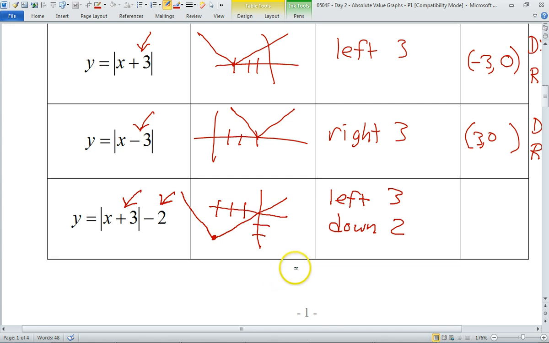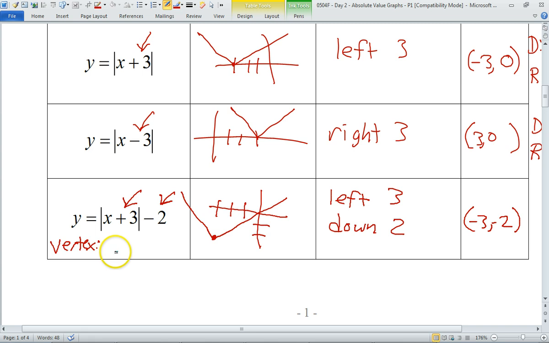Okay? So Brent, can you tell me the new vertex? Yeah, left 3, down 2. That means negative 3, comma, negative 2. That's my new vertex. Okay? Notice, another way that you can look at the vertex. We did this when we did parabolas too.